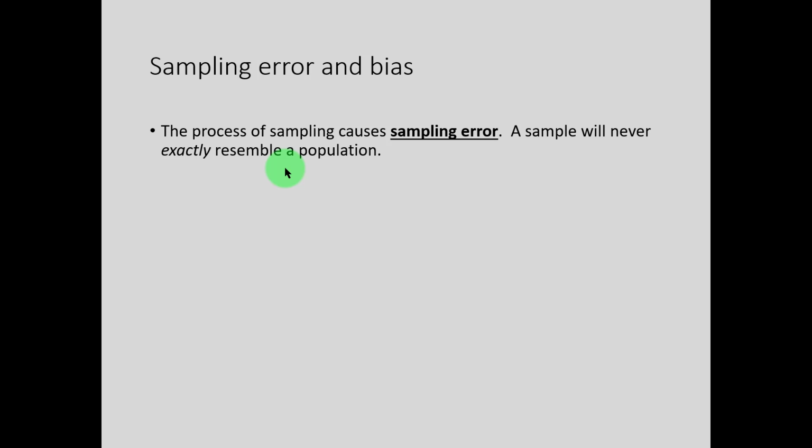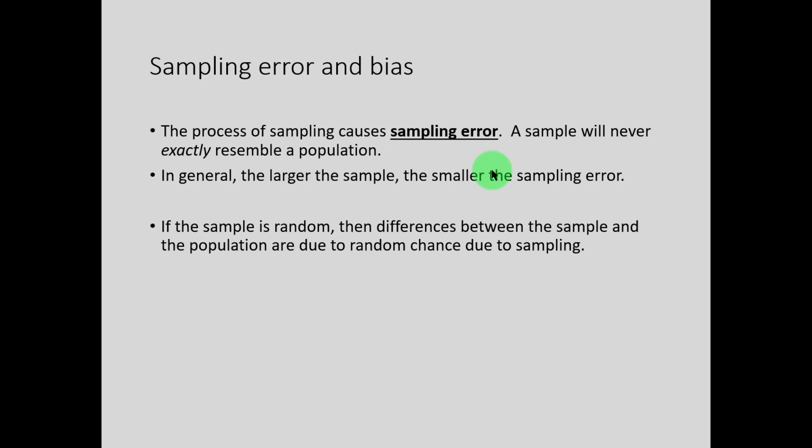So there will always be differences between the sample and the population. In general, the larger the sample, the smaller this difference will be, thereby decreasing the sampling error. So sampling error is always going to be present and to be expected.